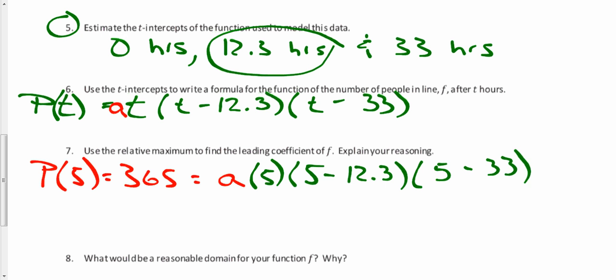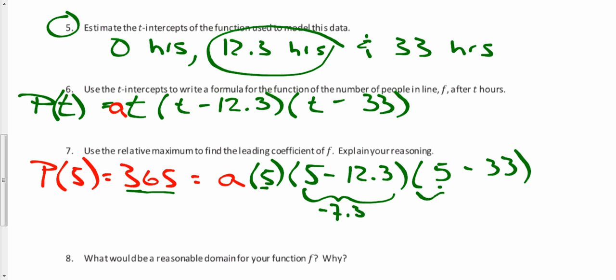So I'm basically putting in an answer here, and then I'm putting in my times, and I'm going to solve for A. So what is 5 minus 12.3? That's negative 7.3.